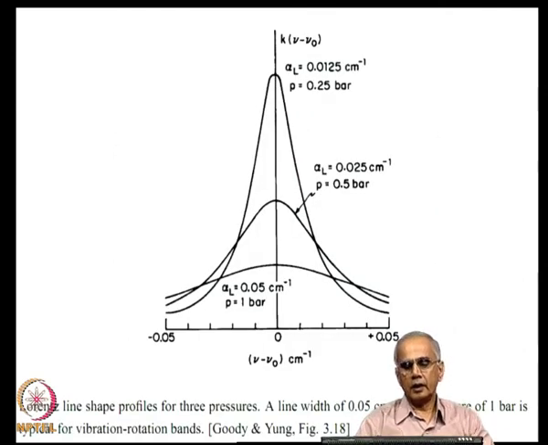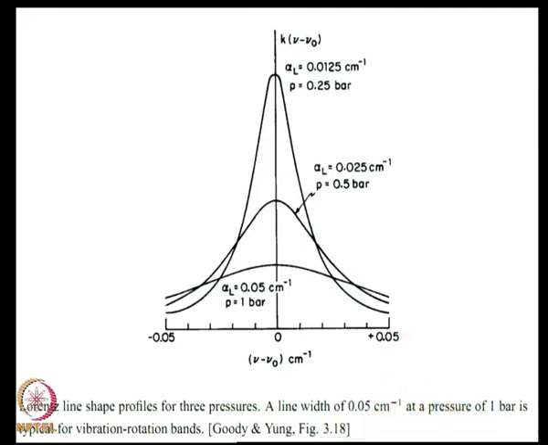And here what is shown clearly is the effect of pressure. You can see that the pressure broadening, which is influenced by pressure, when the pressure is 1 bar like at the earth's surface, the line is broadened tremendously, while as you go to lower pressure like half a bar or 0.25 bar, then the line is much sharper.